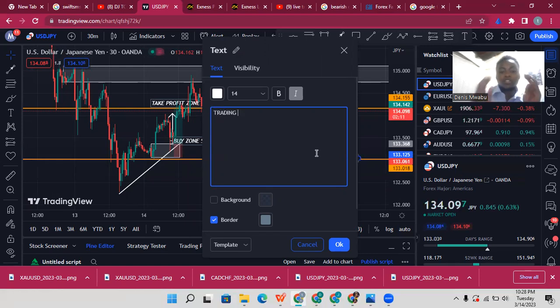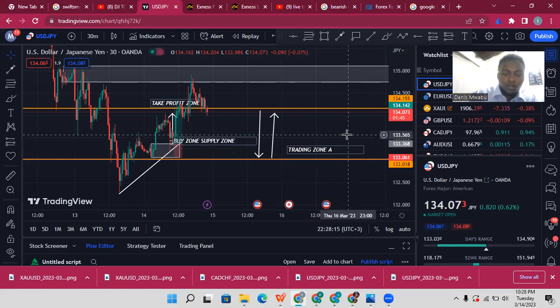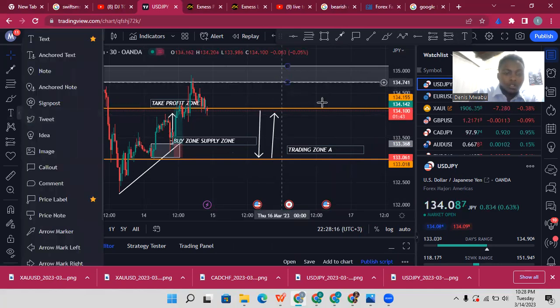Trading zone means your stop loss, where you're expecting price will not get below this level if you're looking at buying, and then you have to know your targets. Where are you expecting the price to get to? So trading zone A, and this will be trading zone B.